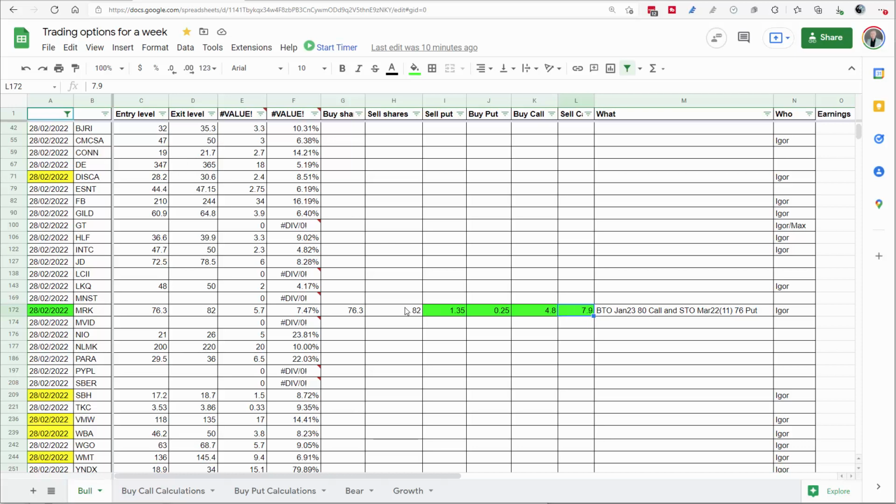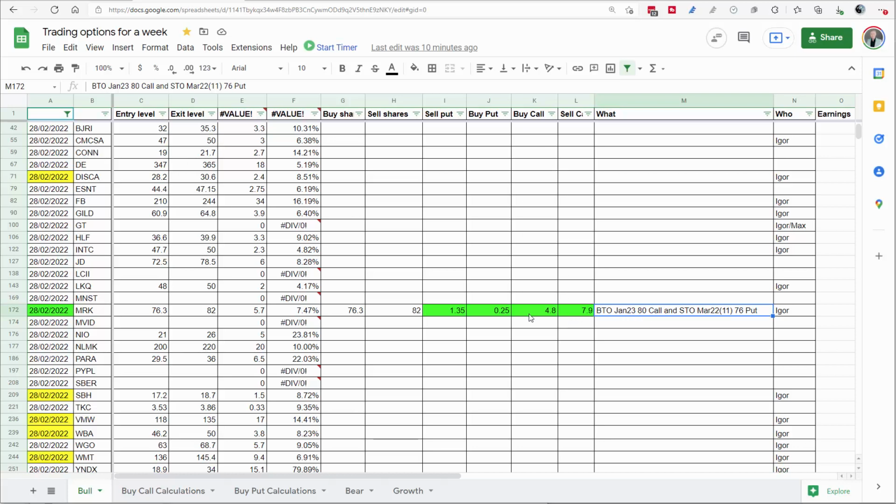Trading shares is clearly easy to understand, but if you're looking at this table and you're not the person who put in the trade, you don't know what the strike price is, or the duration of the trade, right? So here I put some comments. Buy to open January 23, so it's next January, $80 call.